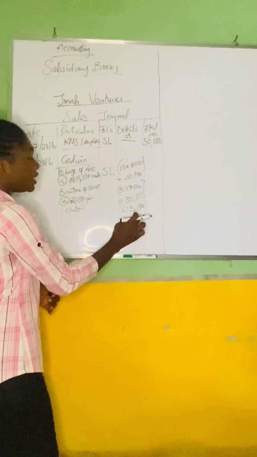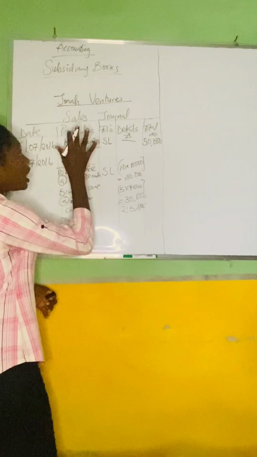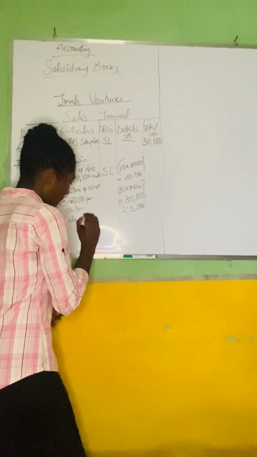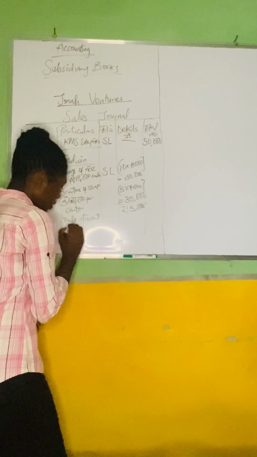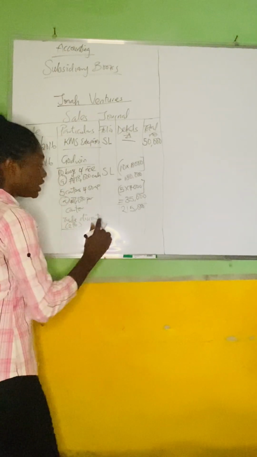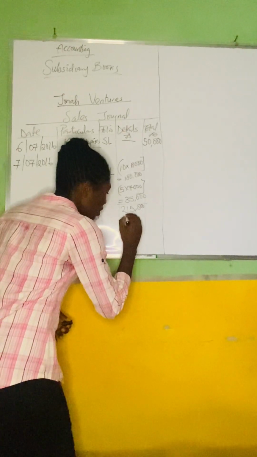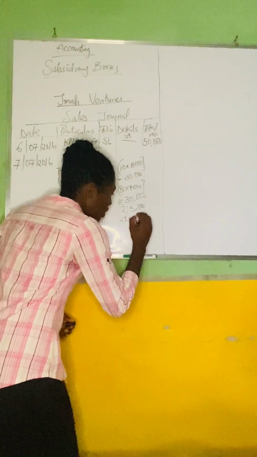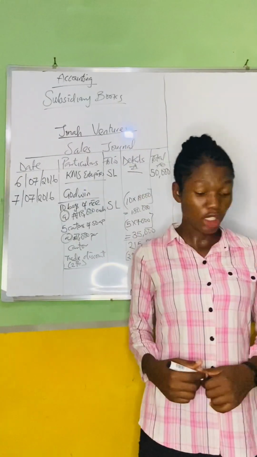But we're told that a trade discount of 2% was given, which is reflected in our subsidiary books. So we'll be lessing 2% of 215,000.